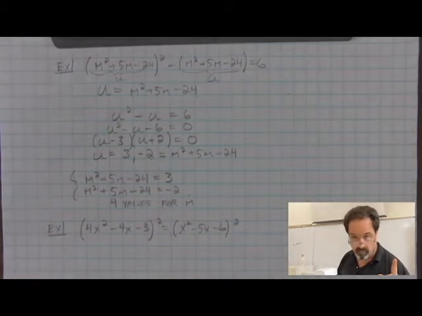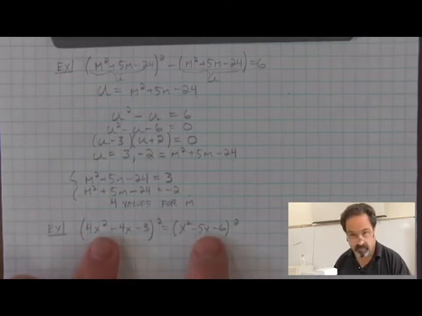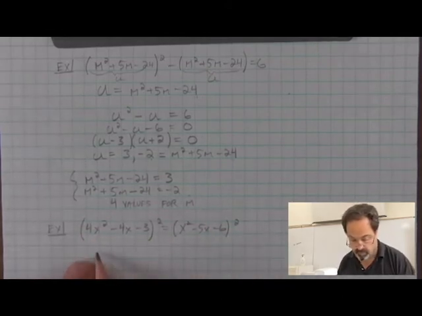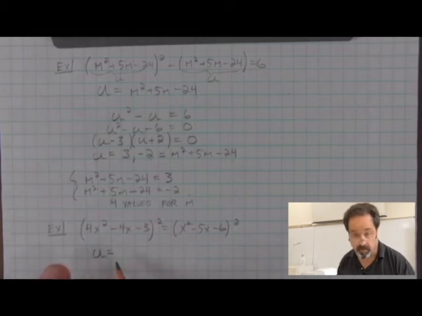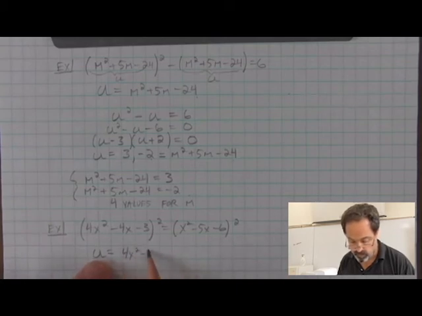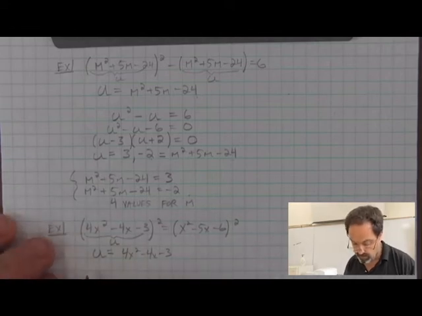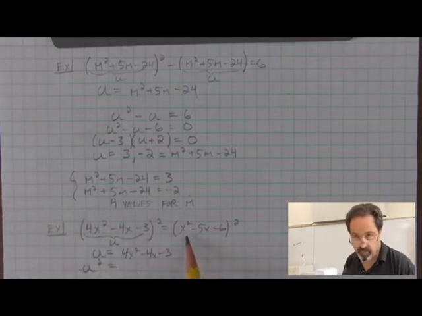Let's consider U substitution. I'm looking for a complicated piece to simplify by assigning U to temporarily be equal to it. In this case, if I choose U to be 4x squared minus 4x minus 3, then I could substitute this with U, in which case I would get U squared is equal to not the same expression.